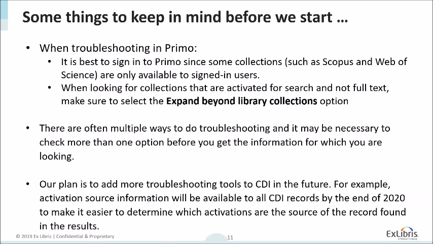For example, the activation source, which is not always available currently in all of our CDI records. We're working on to make sure that we have this information by the end of 2020. This will make it easier to determine which activations you have and what is the source of a record you found in CDI. I'll come back to this in a minute when we go to the questions.